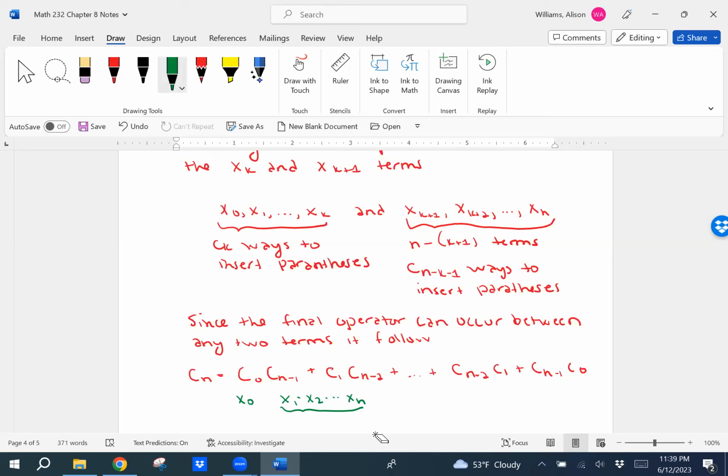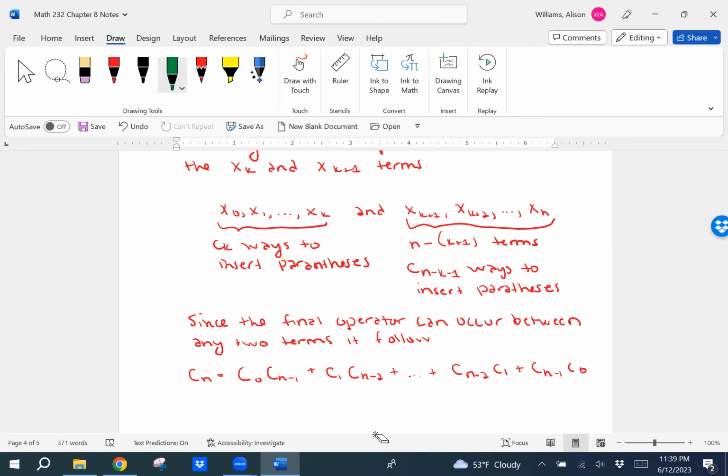I just realized, there's actually n terms over here. So c sub n minus 1 actually represents those numbers of parentheses inserted. And then c sub 0 represents the parentheses for that one. Okay, so that's how that's being broken up.